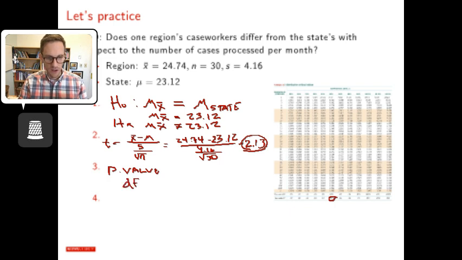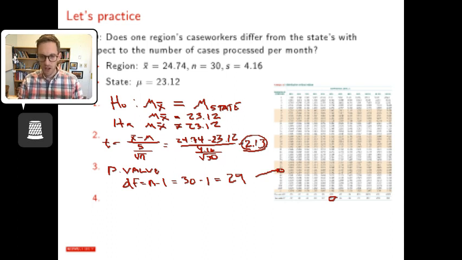So it's 30 minus 1, which is 29. That will put me right here, 29. So now I know I'm at 95% confidence for a two-tailed test. Degrees of freedom are 29, and then I just go over and find my critical value here of 2.045.